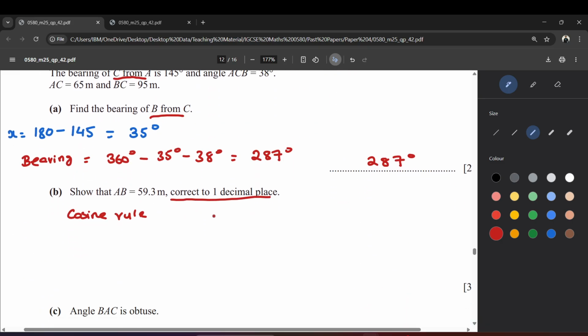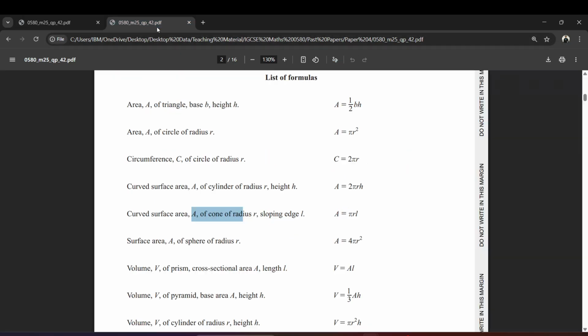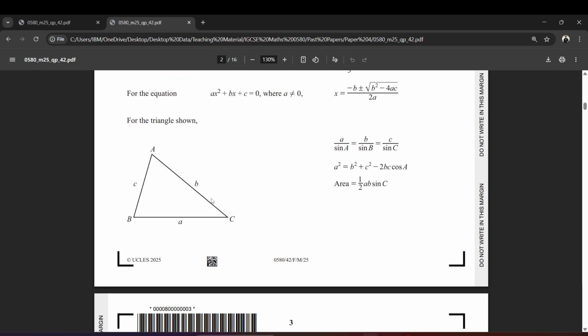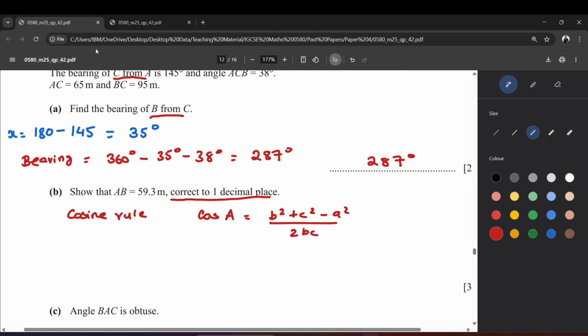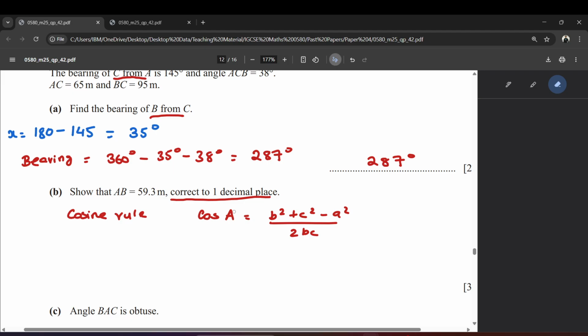So cosine rule is cos A equals b square plus c square minus a square over 2bc. If you do not know the formula, it is given to you in the formula sheet. This is one form of writing it. If you rearrange to make cos A the subject, we get this formula that I've written here. But in our case, because we are interested in the length, right?